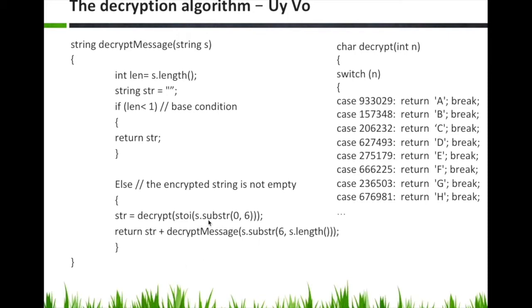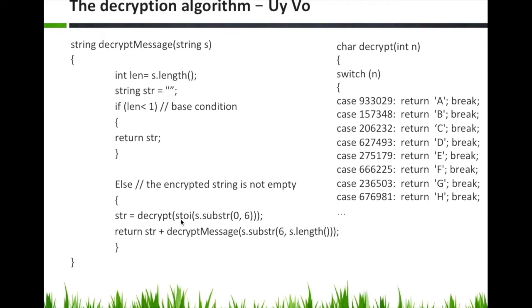So here we get the first 6 elements of the encrypted string and put them into the decrypt function. But before we put them into the decrypt function, we have to convert the 6 elements of the string to an integer, and we use the function stoi.